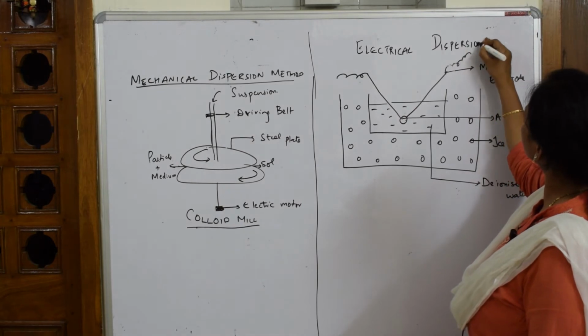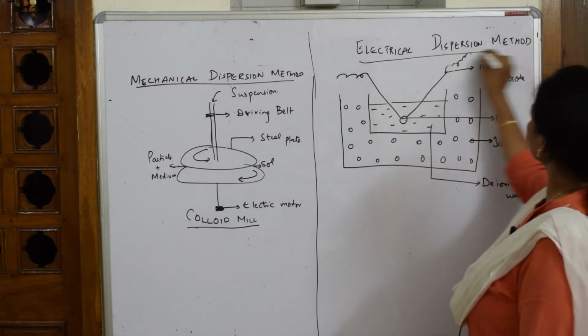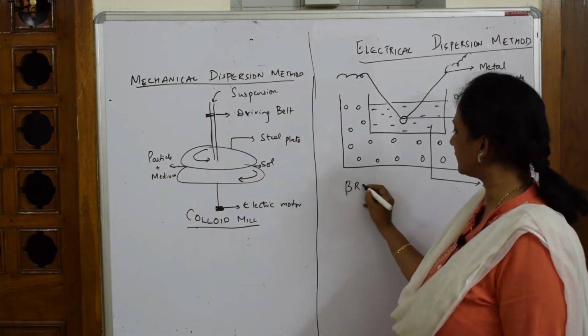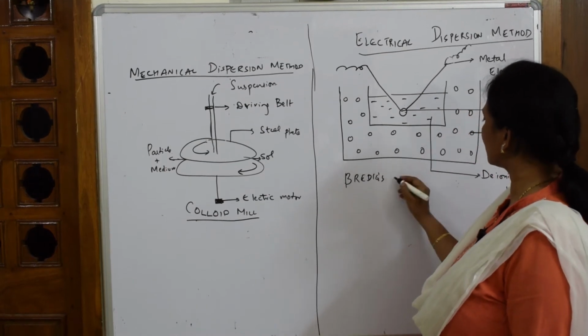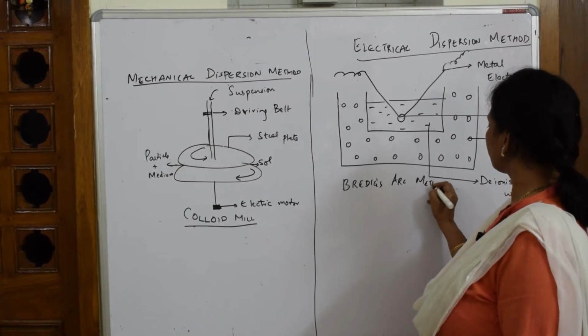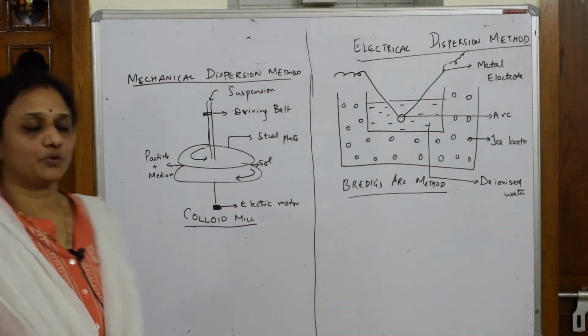Electrical dispersion method. Done. And the cell which we are going to use here is called Bredigs arc method. Bredigs arc, you are going to use in current electric supply here, arc method. Done.